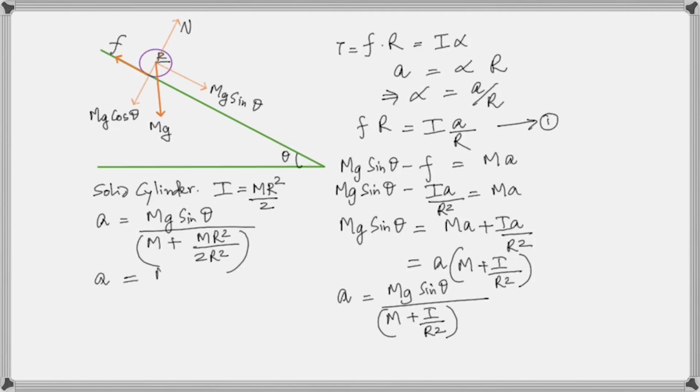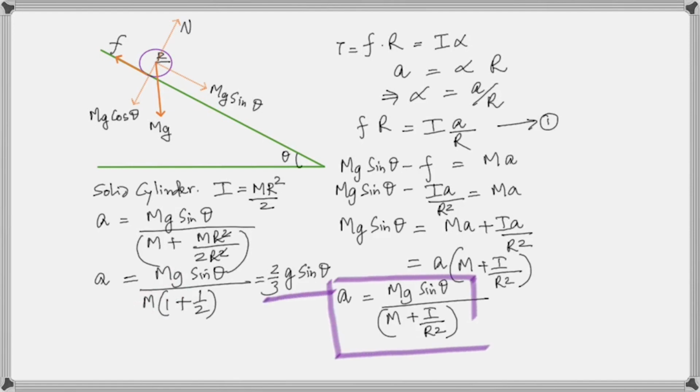This can be simplified to mg sine theta divided by, taking the mass out as a common factor, 1 plus half. And 1 plus half is 3 by 2, which flips when you write it in the numerator. So it's 2 by 3 g sine theta. Of course, the masses get cancelled.